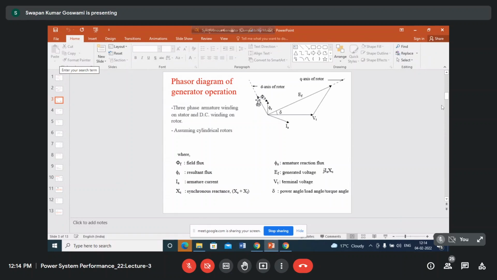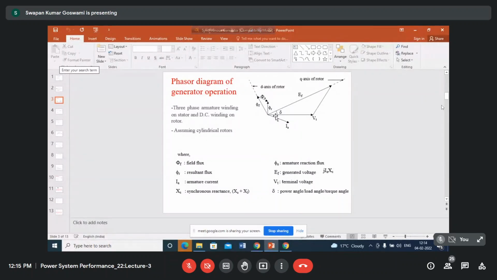Generator rotor is rotating at synchronous speed. Terminal voltage Vt, infinite bus voltage, its frequency is synchronous, means angular frequency of rotation is synchronous, and the angular speed or frequency of this rotor also is synchronous. That means this delta, the angle between the induced voltage and terminal voltage, is constant.